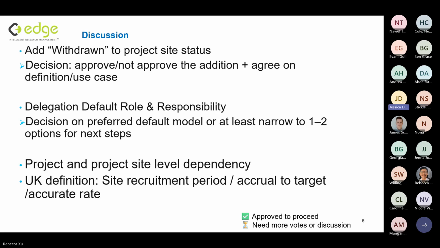James? Yes. So I guess, what would you think about the other way around? Is it to prevent trial sites from opening if a trial is closed? Is that the goal?